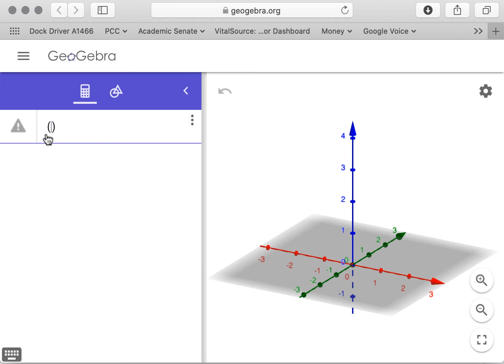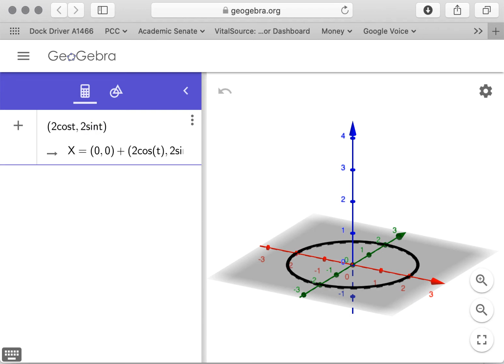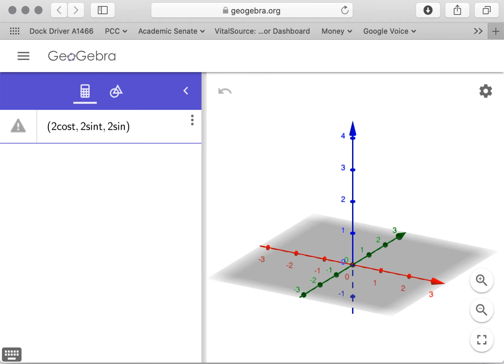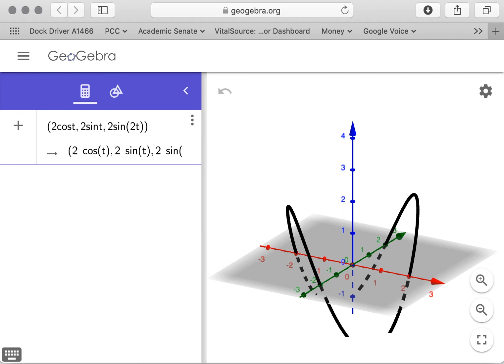So I'm starting with parentheses here, and x is equal to 2 times the cosine of t. Y is equal to 2 times the sine of t, and then z is equal to 2 times the sine of, with parentheses around the argument, 2t.